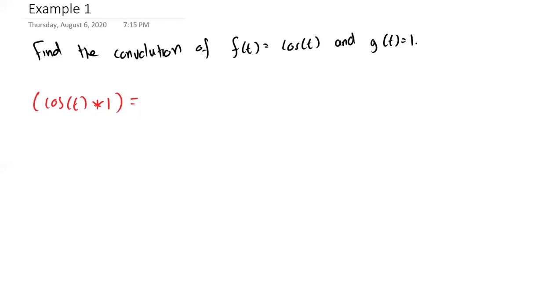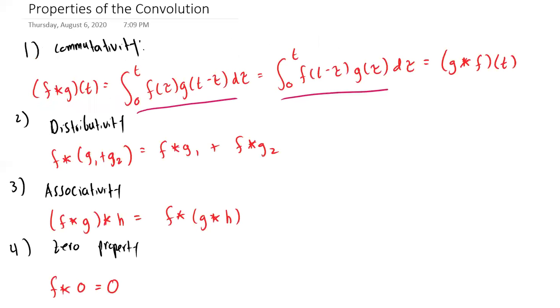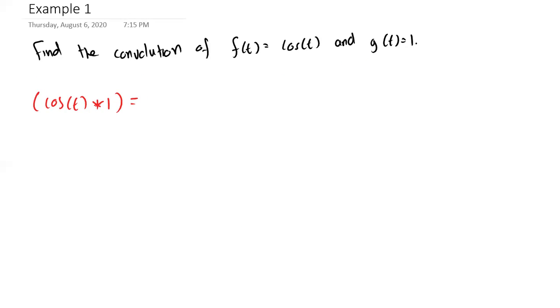If this were multiplication, you would think of cosine t star 1 to just be cosine t, because at least as of now, this operation is behaving a lot like multiplication. It satisfies a lot of those properties. But let's work this out using the definition and see what it is. You'll see that it's actually not equal to cosine t.